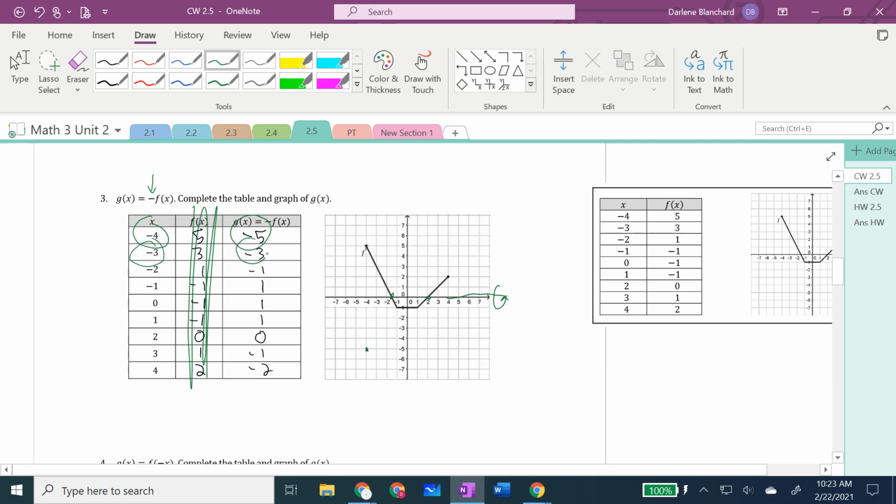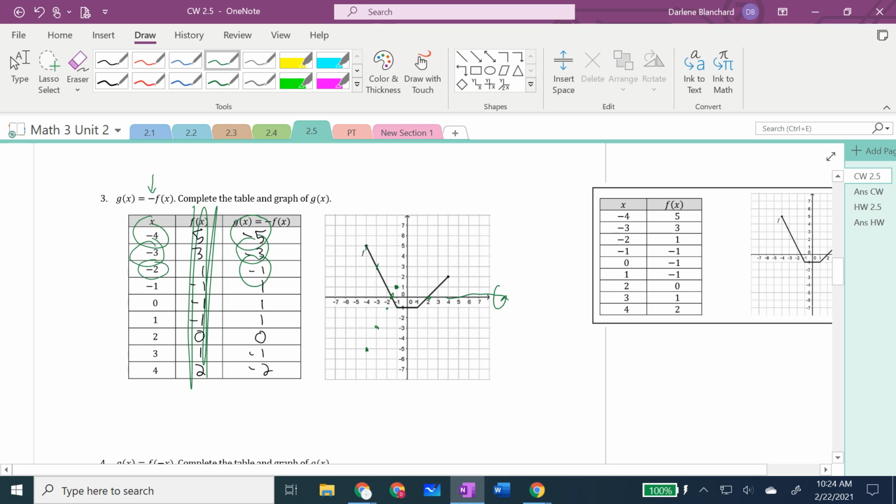We're getting -3, -3, which is this point reflected. -2, -1, which is this point reflected. -1, 1, which is now this point reflected.